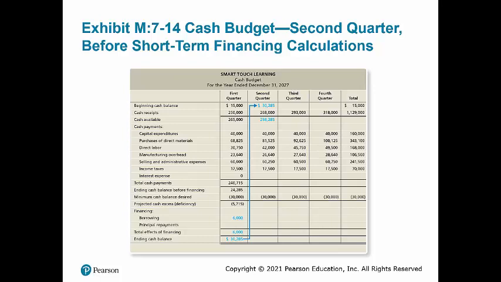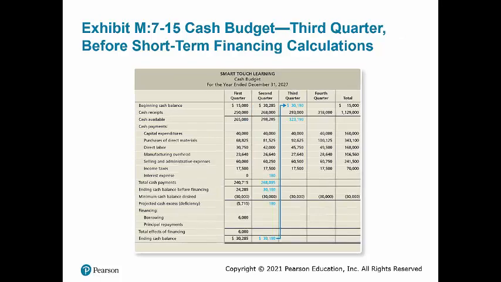Notice that there was no interest expense shown in the first quarter because there was no notes payable balance shown on the balance sheet at December 31st, 2026. However, on this slide we see that Smart Touch Learning does have interest expense. So the interest rate on the borrowing for $6,000 was 3% per quarter.